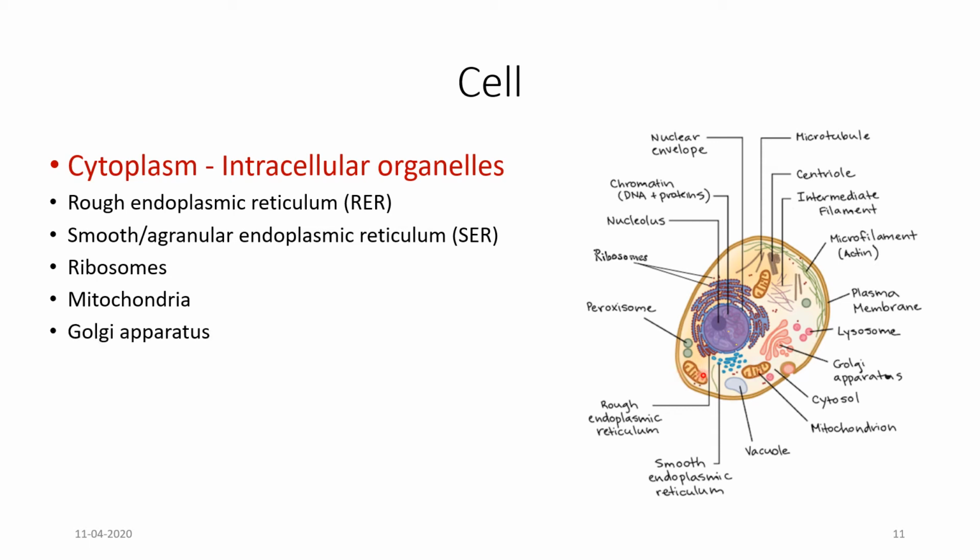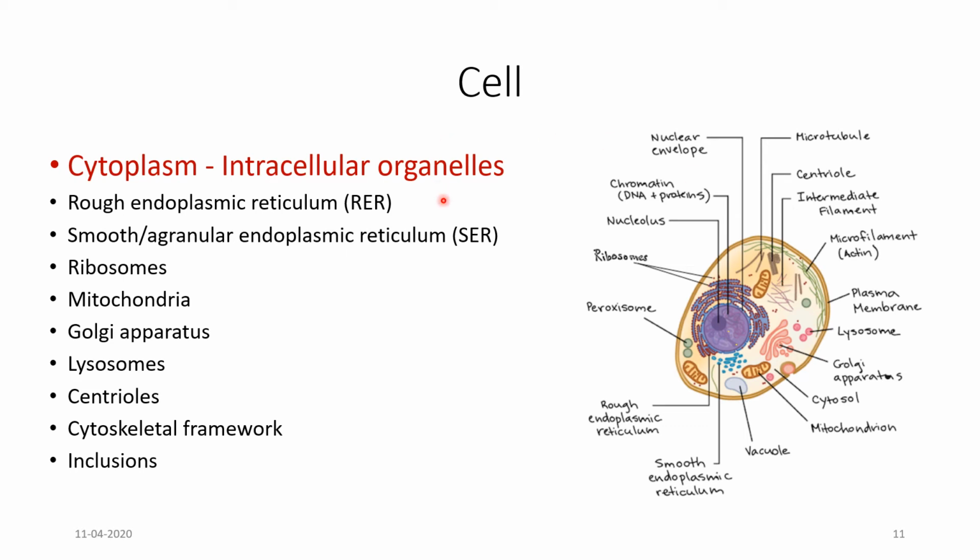Then the Golgi apparatus. This is the Golgi apparatus. Then the lysosomes. These are the lysosomes. The centrioles. These are the centrioles. And there is the cytoskeletal framework. This is the cytoskeletal framework. And the others are the inclusions.